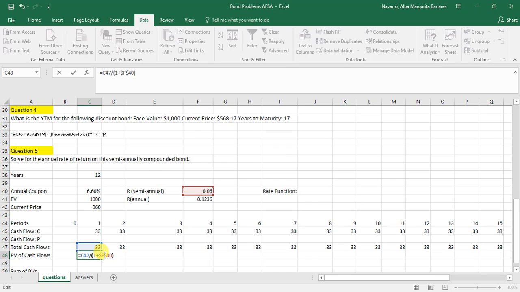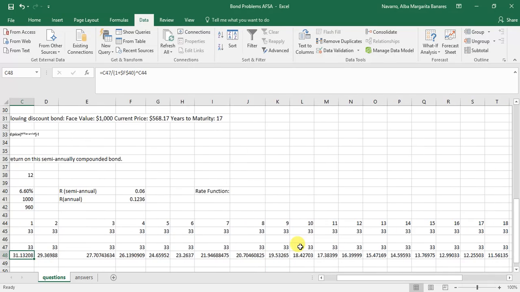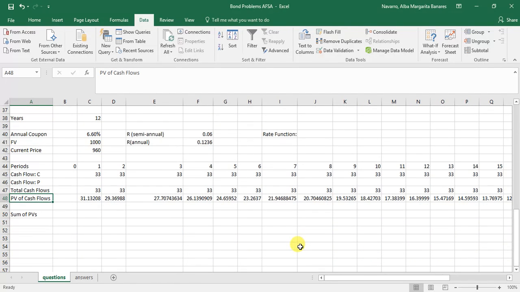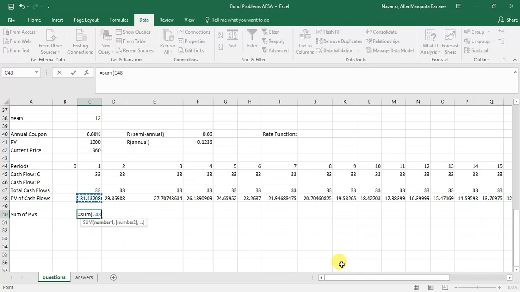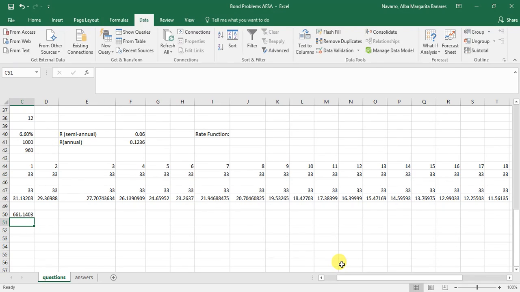Actually going to freeze that, to the power of the period. Cool. Copy and paste that formula throughout. And let's find the sum of these present values. So equals sum. Remember, I'm holding Control Shift and hitting the right arrow key to do that.